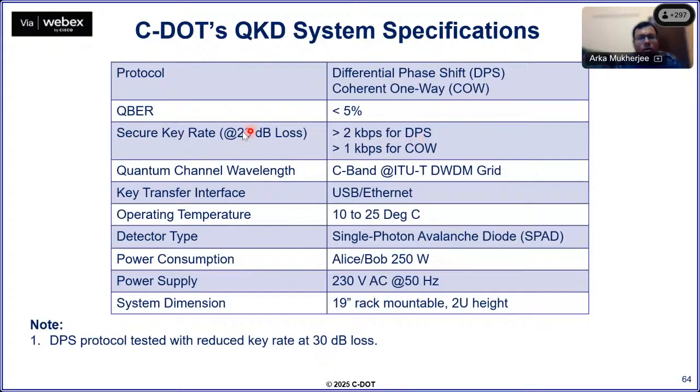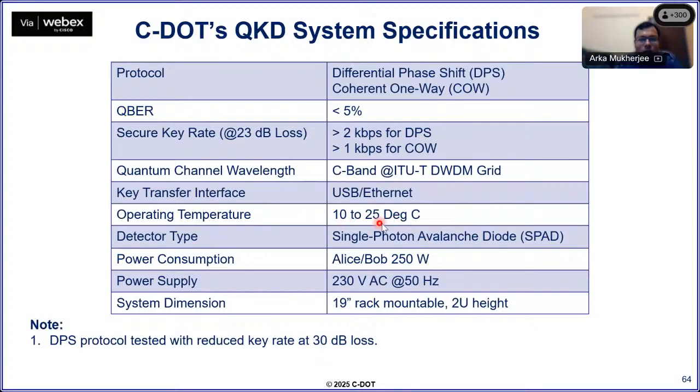So the 23 dB value comes from the TEC GR recommendation, but we can support up to 30 dB of loss. The quantum channel wavelength that we are using is around 1550 nanometers, that is the C band. We can transfer the key over any Ethernet or USB interface. And I told you that there is a limitation for QKD systems, that they need to be operated in an air-conditioned environment, because the single photon detectors can't really operate beyond a certain temperature.